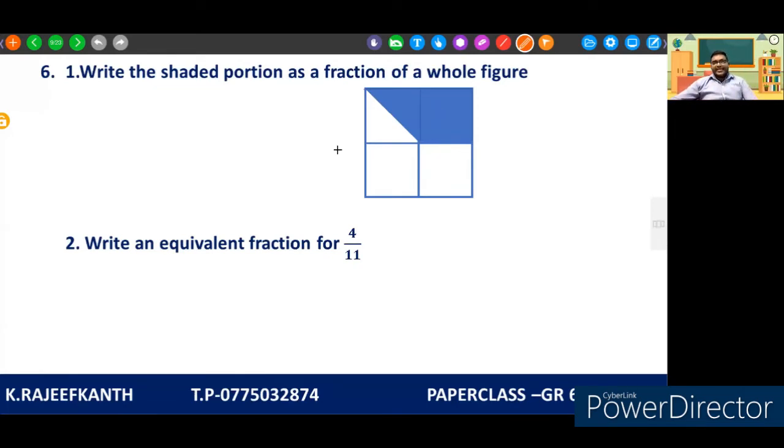Then only you can write it as a fraction. Have you all finished?